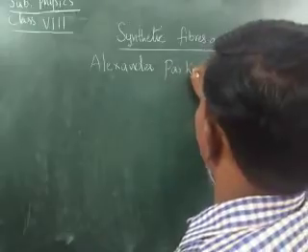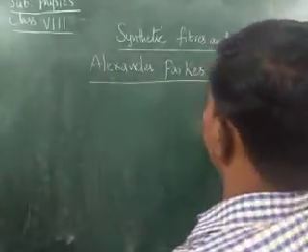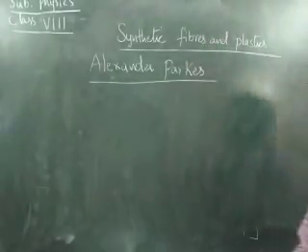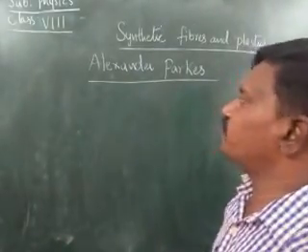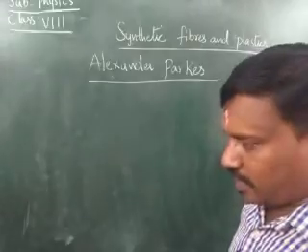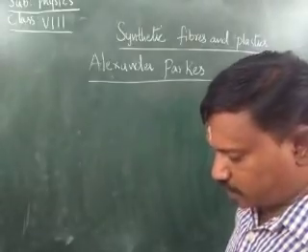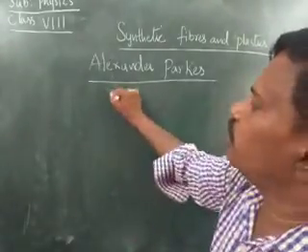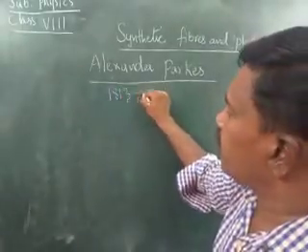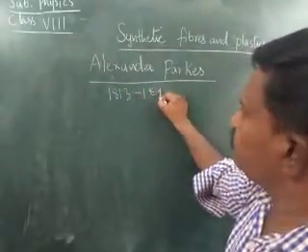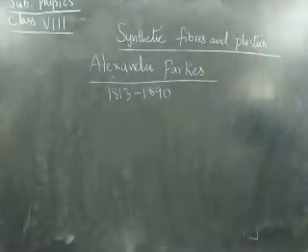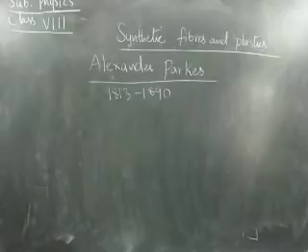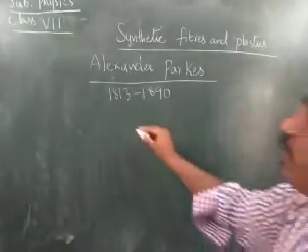Parkes, not Parks. Alexander Parkes is a famous scientist who introduced plastic for the first time in the 19th century. His period is from 1813 to 1890. He is the one who created the plastic for the first time.